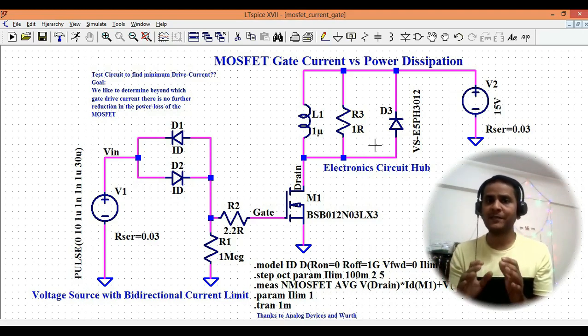Let us first understand the circuit flow, then I'm going to show you what is the minimum gate current we require to dissipate less power loss in the MOSFET.